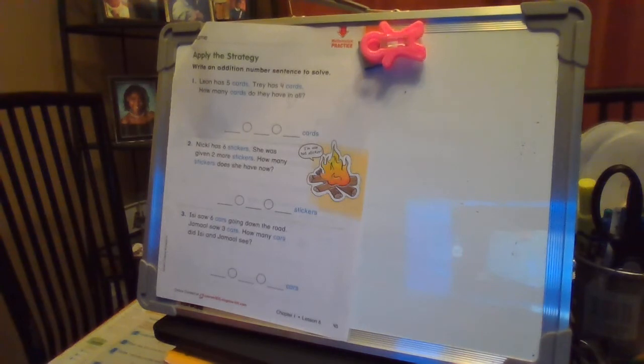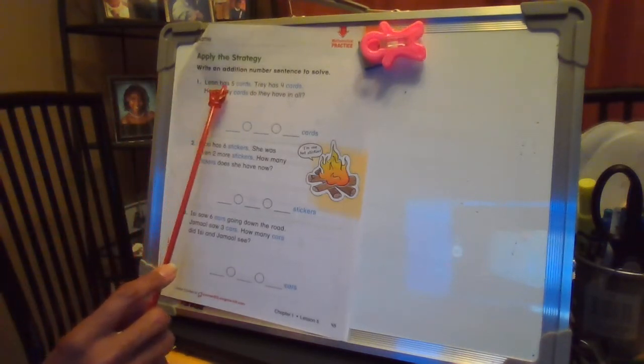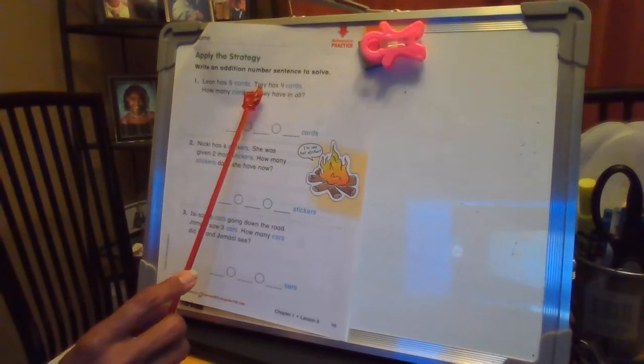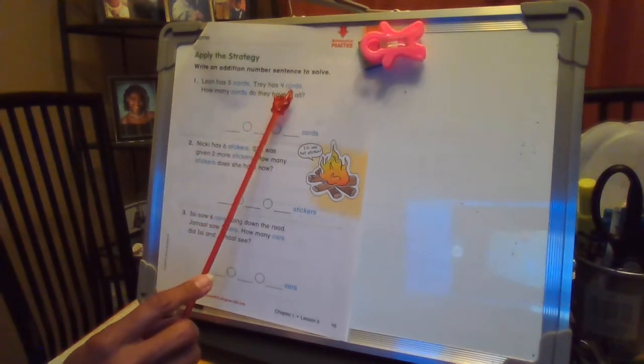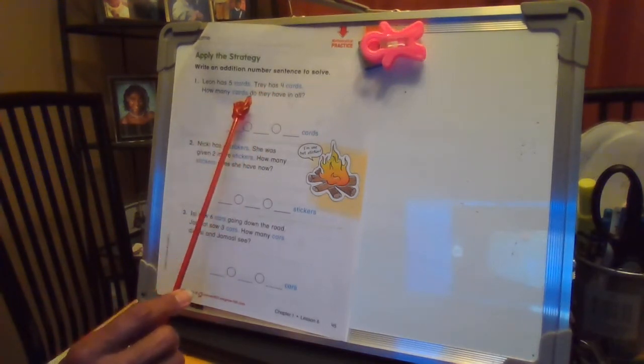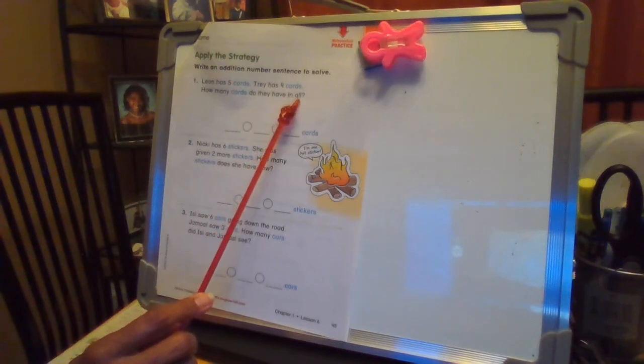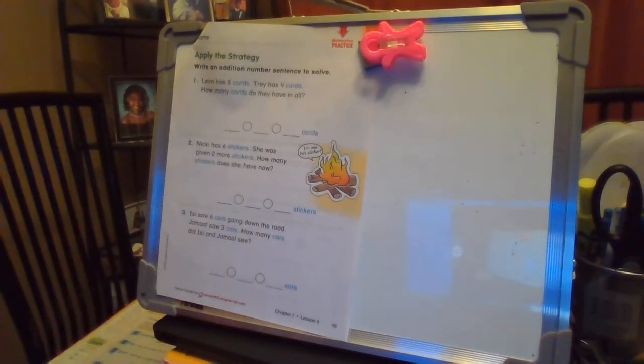It says, Leon has 5 cards. Trey has 4 cards. How many cards do they have in all? So I need to take my pen and I'm going to underline what I know. What do I know? What is this story problem telling me already?